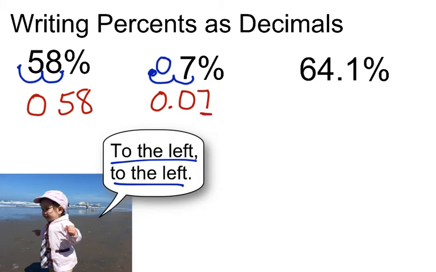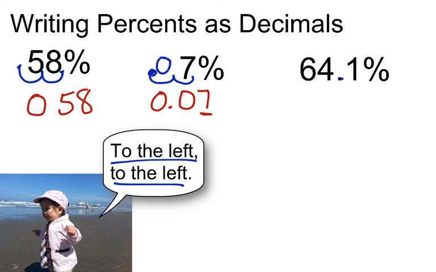Place value matters. Now let's look at 64 and 1/10 percent. Again, you always start at the decimal. A common mistake is students will say 1, 2, and say 6 and 41 hundredths. And that is not equivalent. We start at the decimal. So let's go back and start at the decimal, which is here.